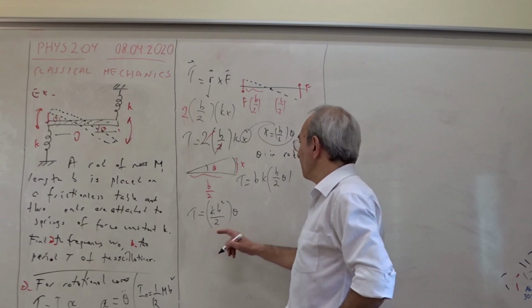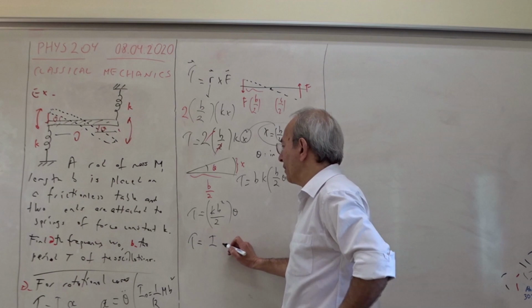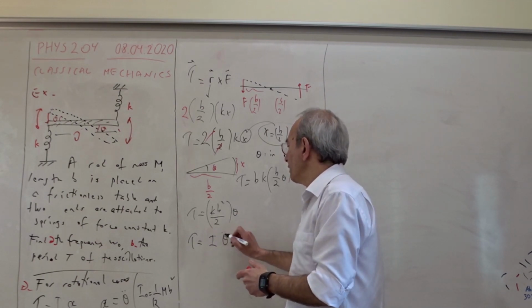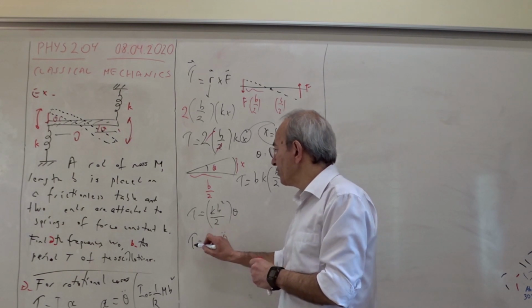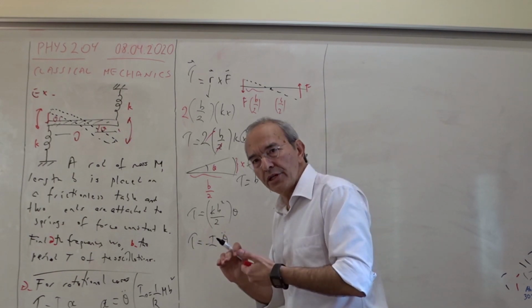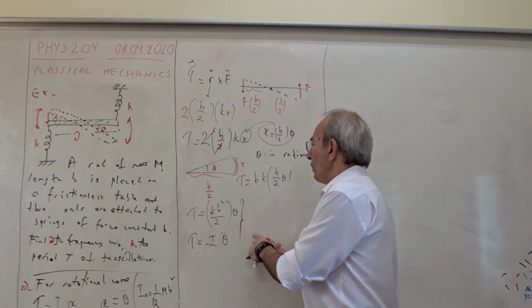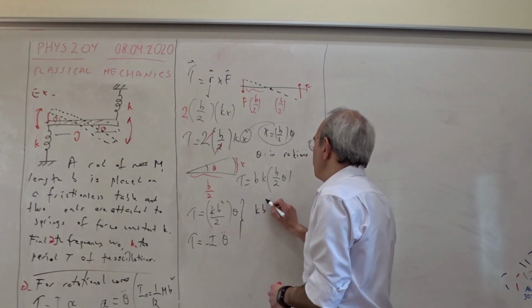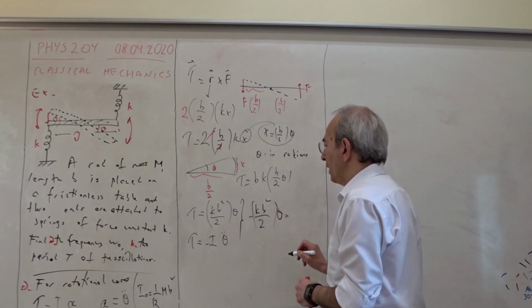So this torque will be I times alpha, but alpha is theta double dot. And of course, don't forget to put a minus sign in this case because of the direction or sense of motion. Therefore, we have on the one hand K times B squared over 2 theta. On the other hand, with a negative sign, I times alpha.